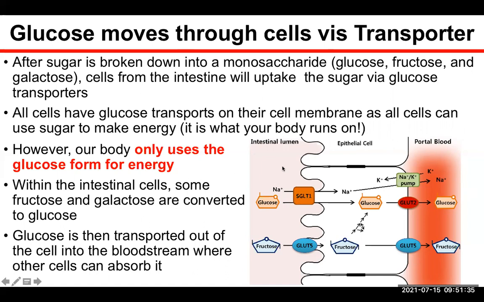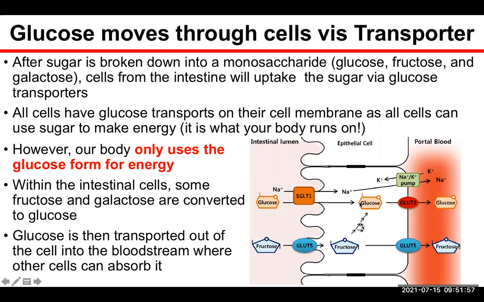So when glucose is broken down in the intestinal area into its monosaccharide form, these different types of glucose transporters are going to transport the glucose into the cell, or the sugar, fructose as well. And so again, your body uses sugar to function.